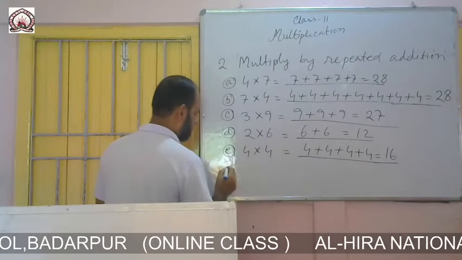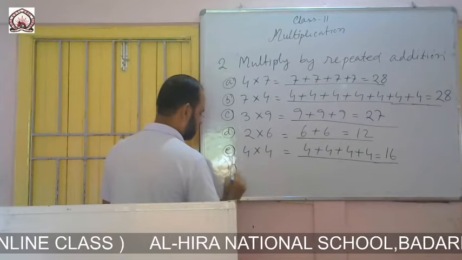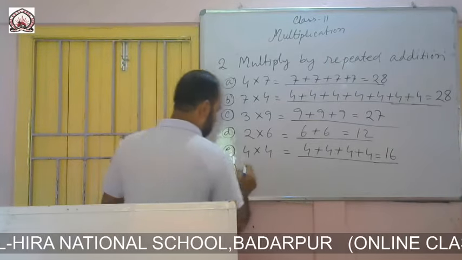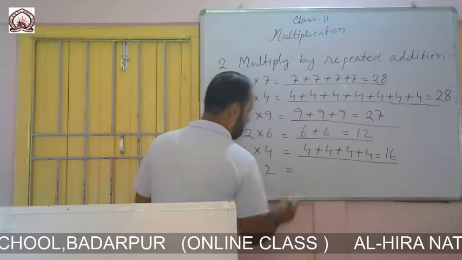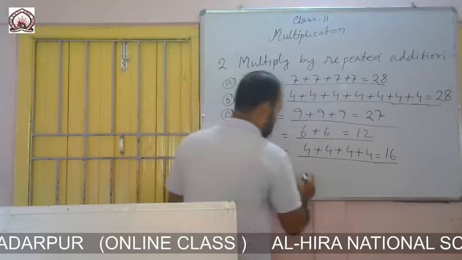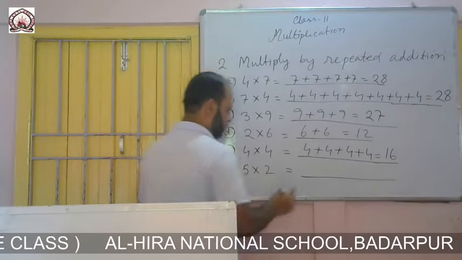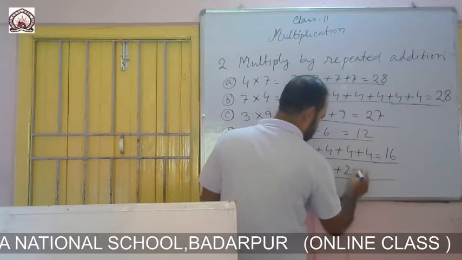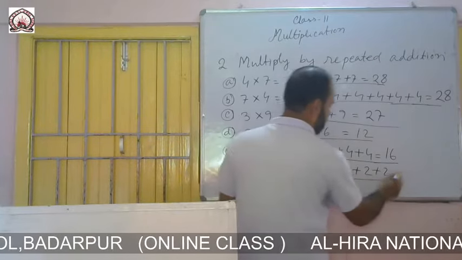Next question number F. 5 into 2. So here 2 5 times. 2 plus 2 plus 2 plus 2 plus 2. 1 2 3 4 5 times 2.